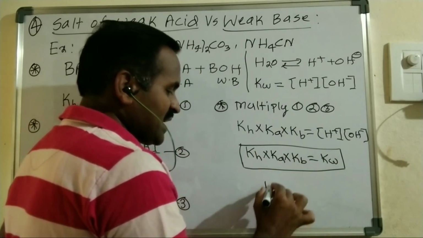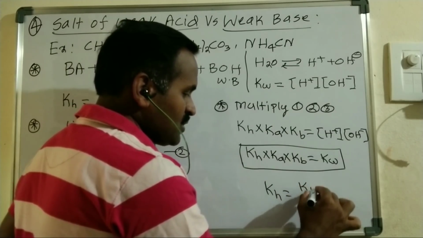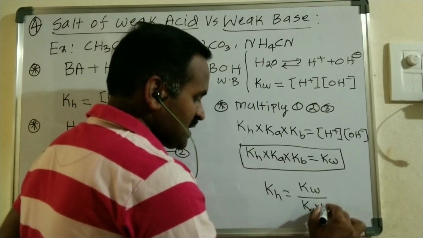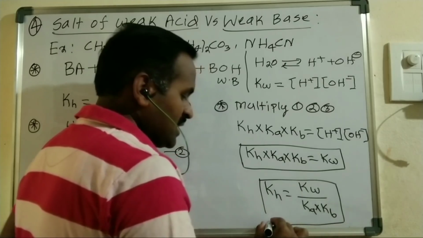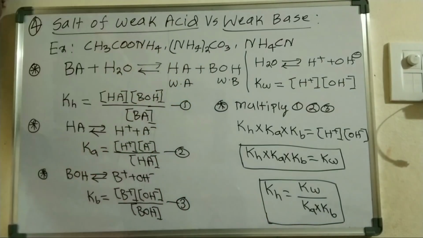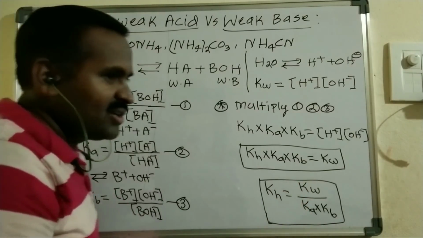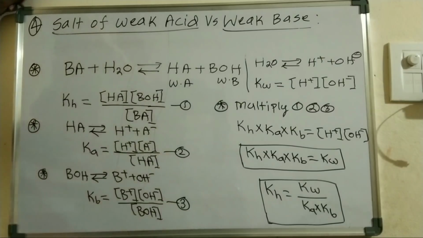From this I can write Kh equals Kw divided by Ka into Kb. So this is another formula to find the hydrolysis constant: Kh equals Kw by Ka into Kb. I am taking the general form of a salt, that is, BA.